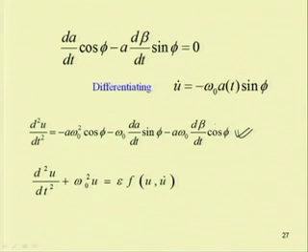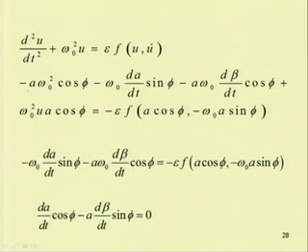Substituting this expression for d square u by dt square and du by dt in the equation d square u by dt square plus omega 0 square u equal to epsilon f(u, u dot), we can write d square u by dt square equal to minus a omega 0 square cos phi minus omega 0 dA/dt sin phi minus a omega 0 dβ/dt cos phi, plus omega 0 square a cos phi, equal to minus epsilon f.